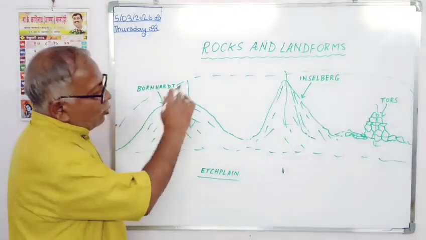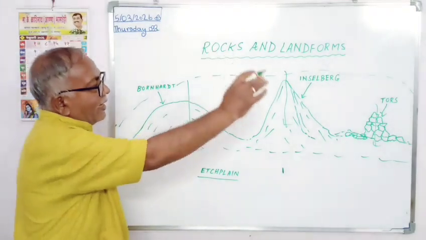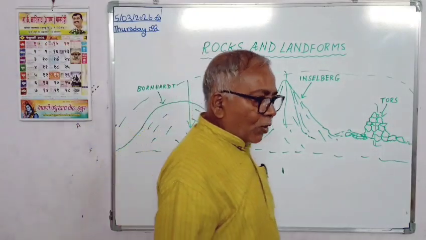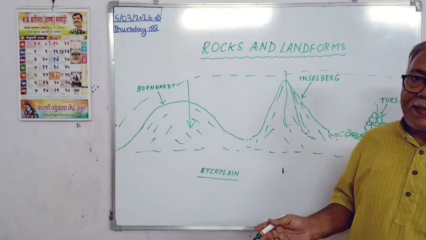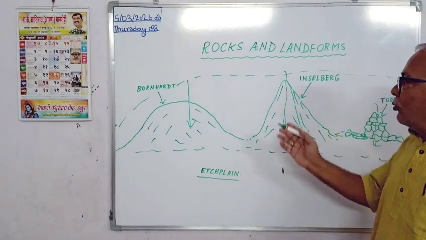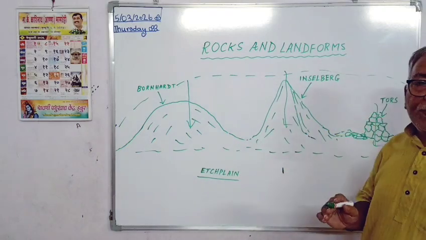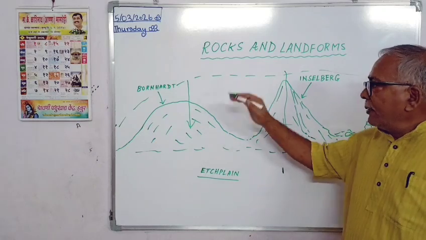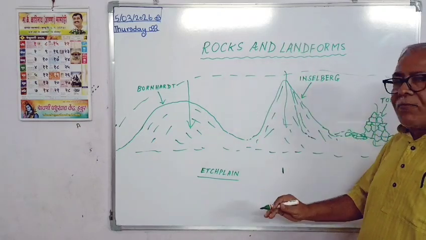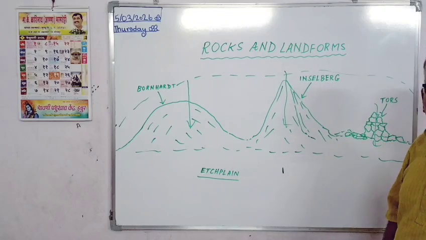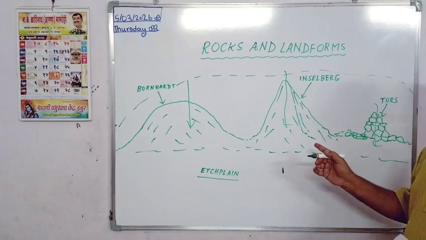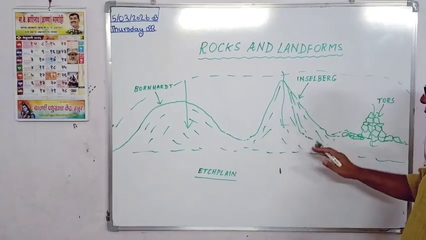So as a whole, if you compare, the initial landmass has been converted and segmented into different forms of rock bodies, and the ultimate reduction of the surface took place by this geological process.